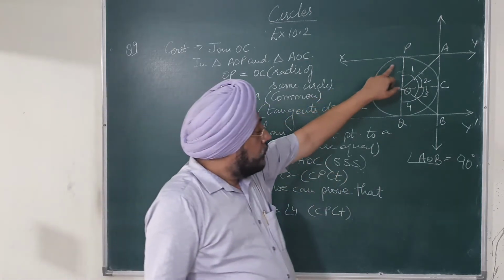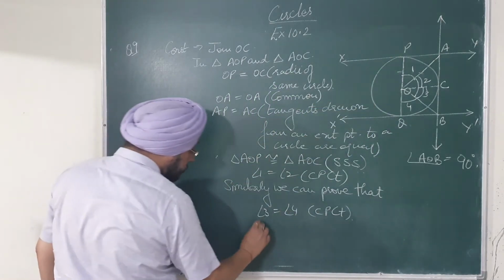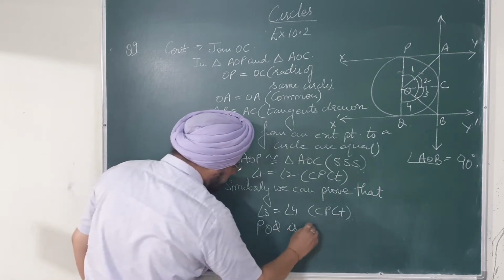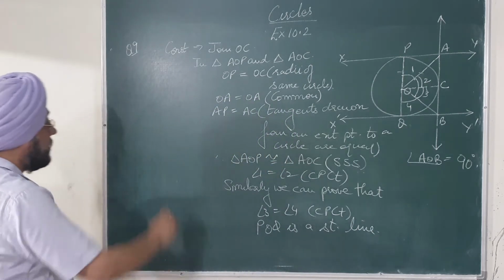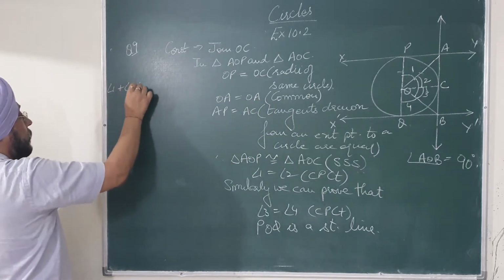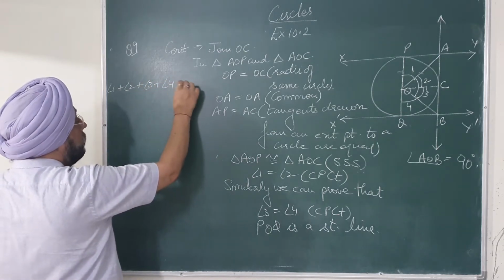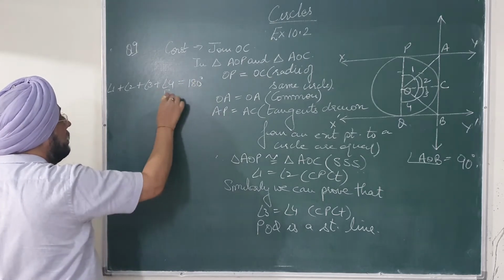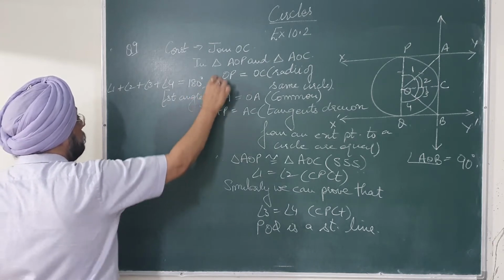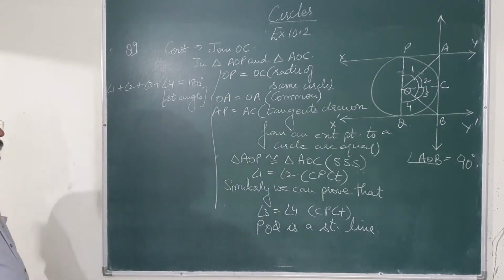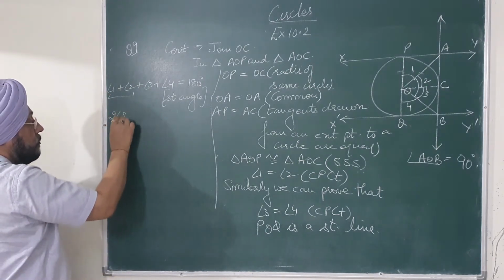Now you can see from the figure POQ is a straight line. Therefore, can I say angle 1 plus angle 2 plus angle 3 plus angle 4 must be equal to 180 degrees. This is a straight angle. But angle 1 equals angle 2, so we can take it as twice angle 2.